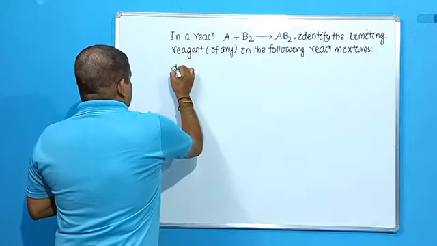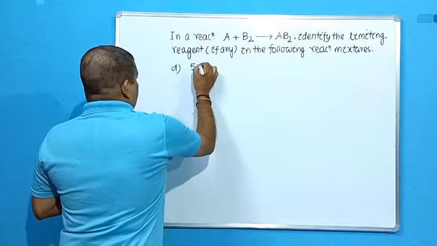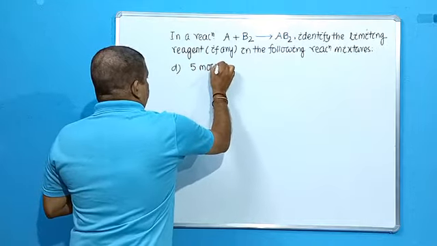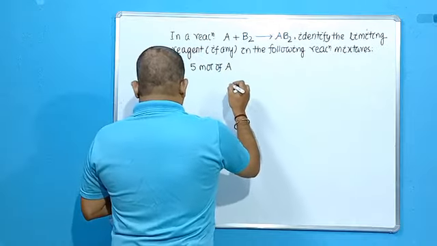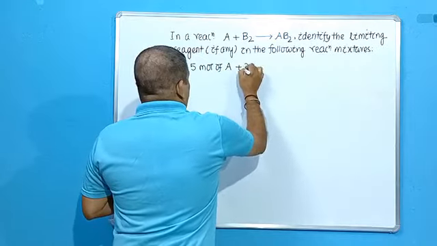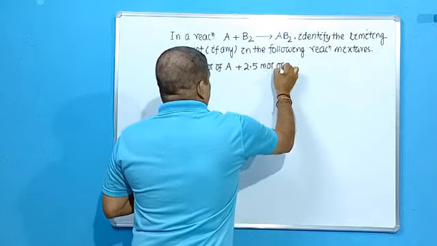Let us take it as D: when 5 mole of A is mixed with 2.5 mole of B2.